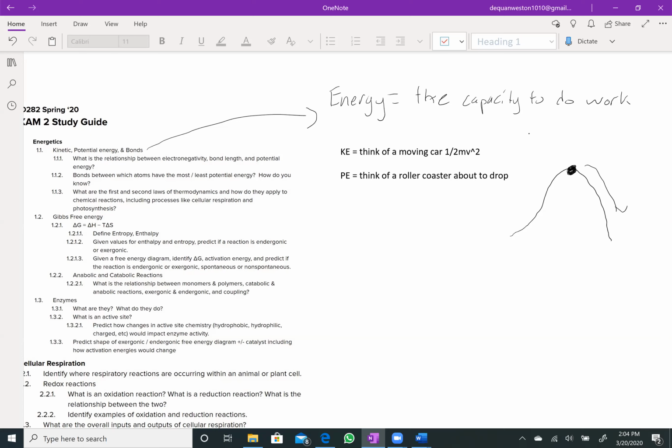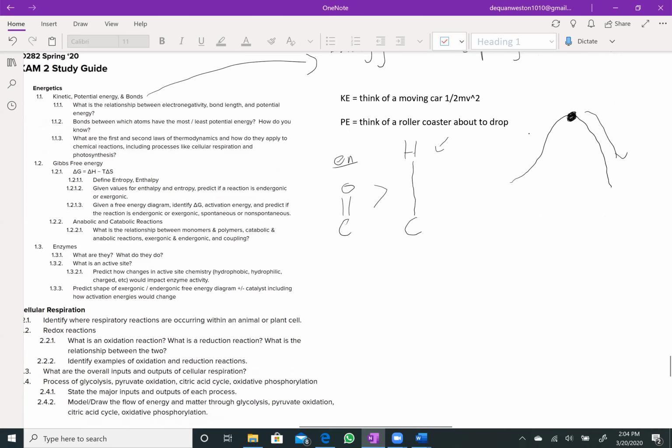So the relationship between electronegativity, bond length, and potential energy is basically, we'll do 2 bonds here. And I'm exaggerating this just to show the point. This is much more electronegative than this one. So the bond length is going to be shorter.